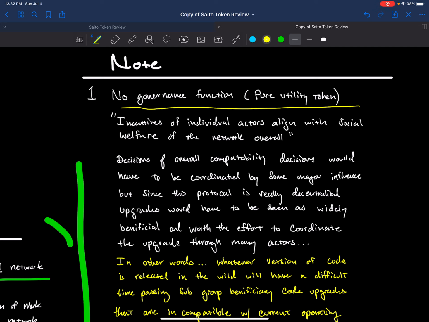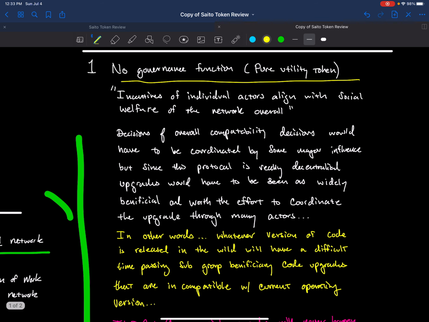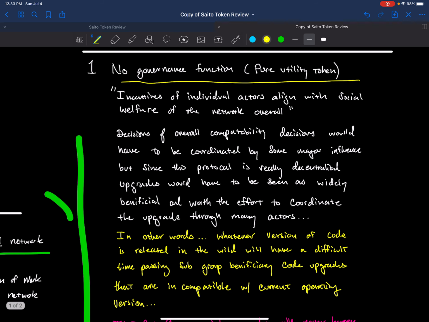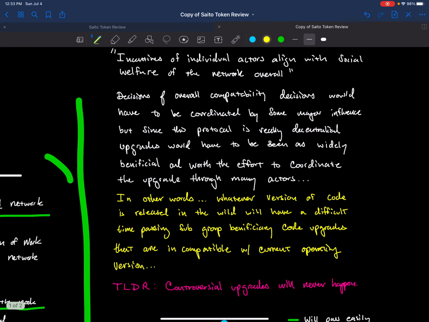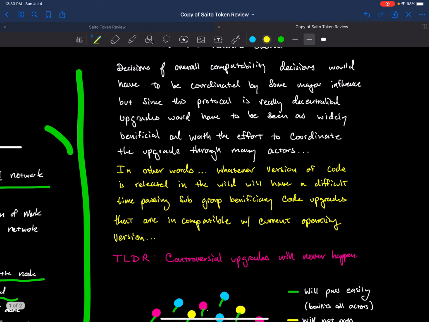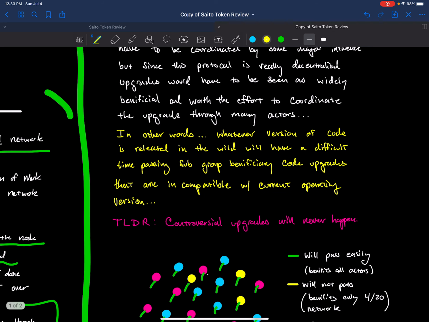It's a pure utility token, but I do think that the foundation will create some kind of governance standard for dispute resolution. Incentives of individual actors align with social welfare of the network overall. Decisions of the overall compatibility would have to be coordinated by some major influence, but since the protocol is really decentralized, upgrades would have to be seen as widely beneficial and worth the effort to coordinate through many actors.